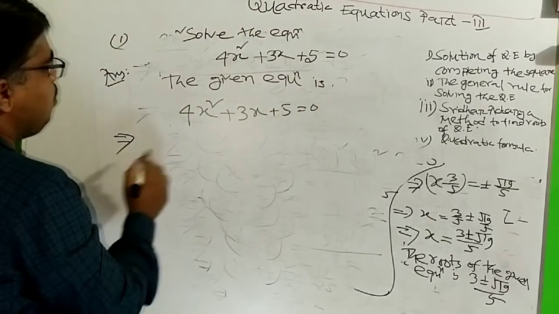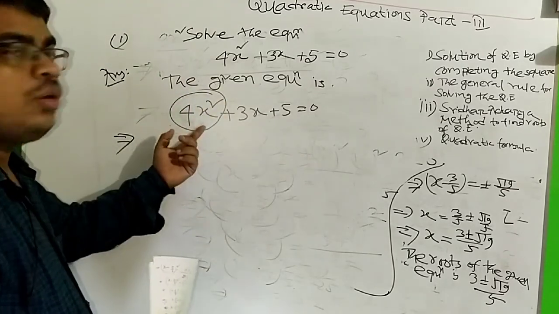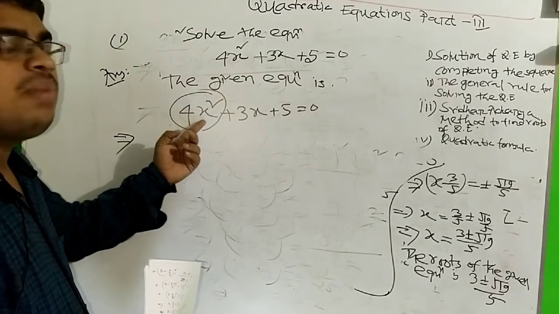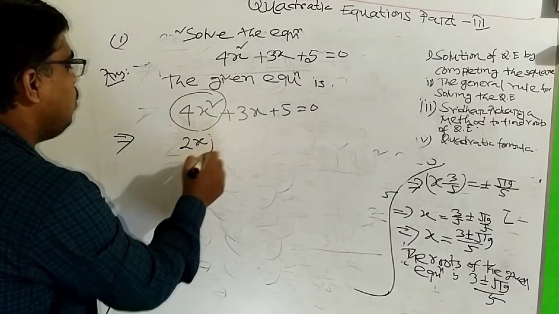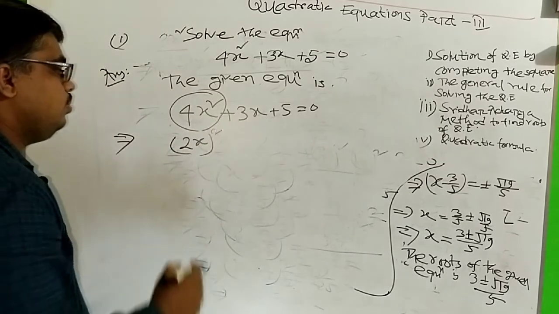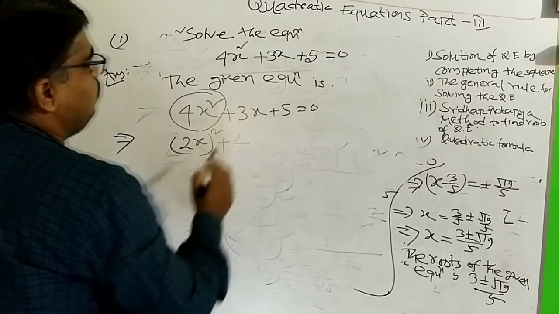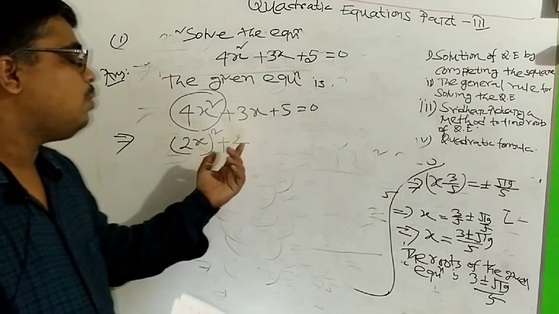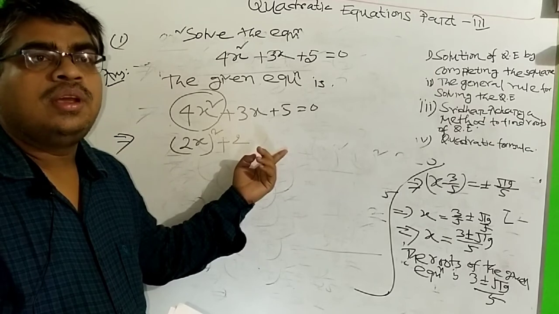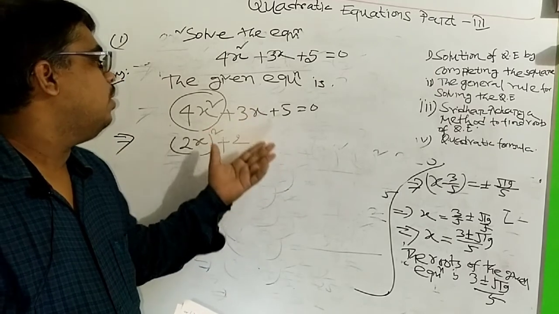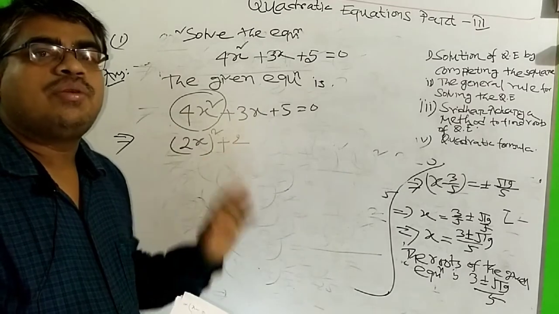This implies 4x square is a whole square term, that is, it is a perfect square. We write 4x square as 2x whole square, plus we have to find a form of a plus b whole square, that is, a square plus 2ab plus b square form.